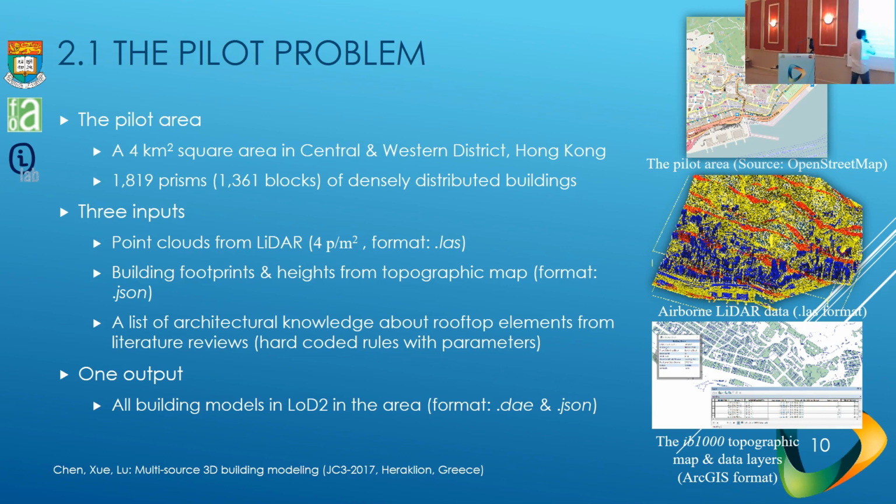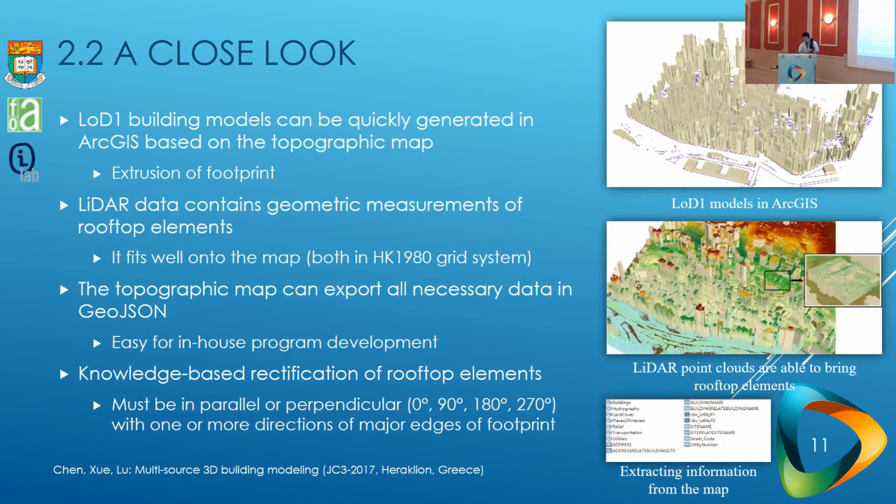We also select a list of rules about the rooftop elements from reviews and from observation. The final output is LOD2 models in the area, including almost all buildings, in the format of Quadrant.